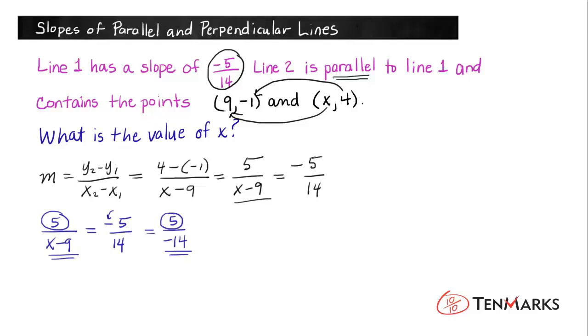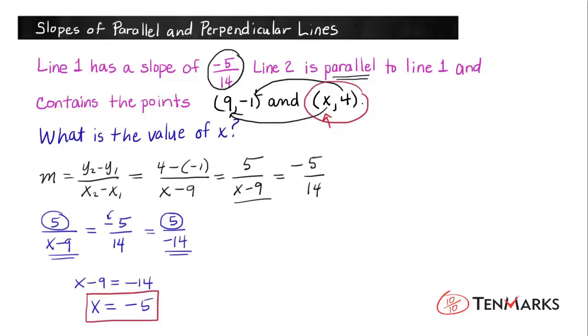If you'd like to take that shortcut, I think that's going to work out nicely. That's going to give you x minus 9 equals negative 14, and when we add 9 to both sides, x is going to equal negative 5. So the answer to this question, what is the x coordinate that should go right here in this point? It's going to be x equals negative 5.